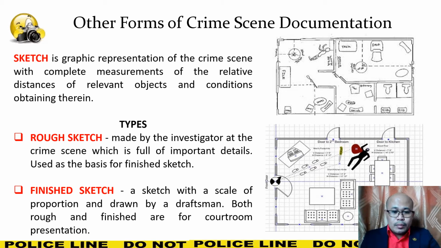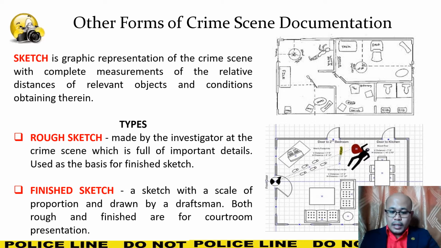It reflects the complete measurements with at least two fixed reference points in order to prove that there is really an existing area where that particular crime scene transpired, and that we need to reflect exact measurement, location, and of course the identification of each fixed reference point, to prove that the location of each piece of evidence we placed in the graphic representation is truthful and really exists at that crime scene.